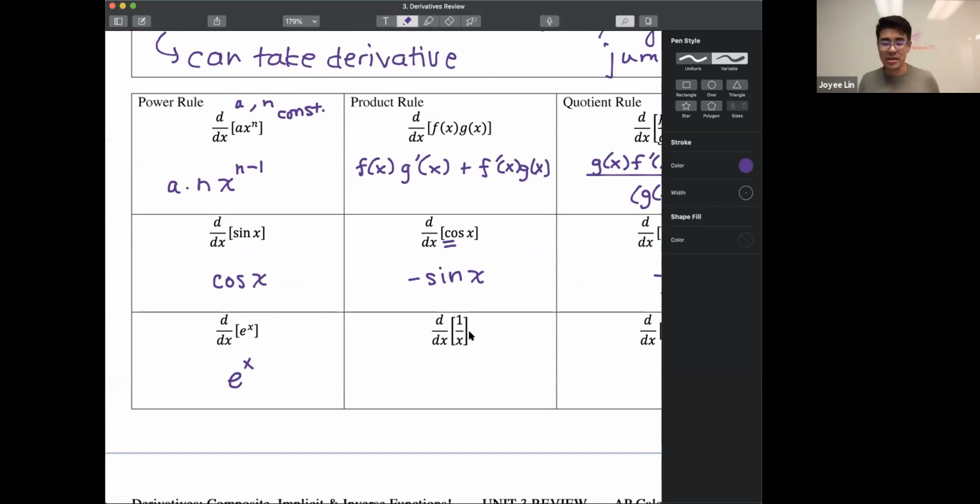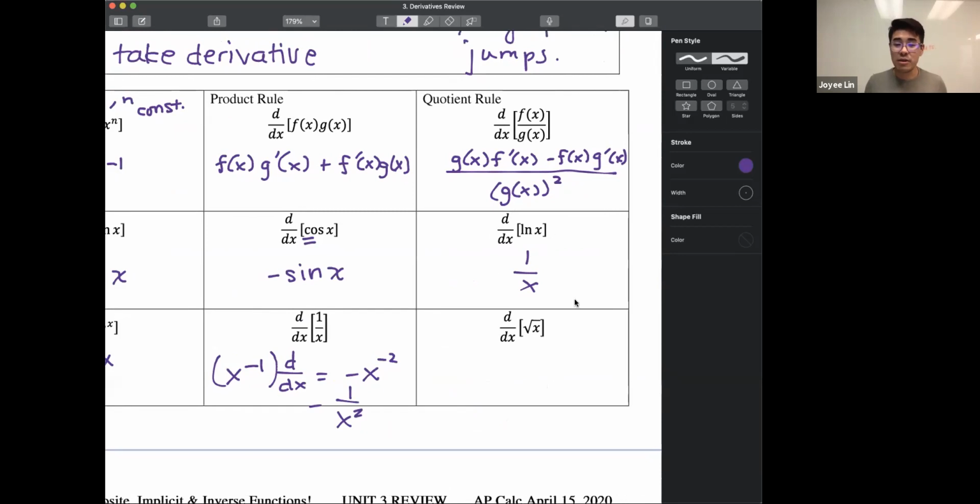So e to the x is e to the x. 1 over x, remember that can be written as x to the negative 1, so the derivative of x to the negative 1 is negative x to the negative 2, aka negative 1 over x squared. Radical x, don't forget that radicals can be written in exponent form. So then we get 1/2 with the radical x in the denominator. Cool.